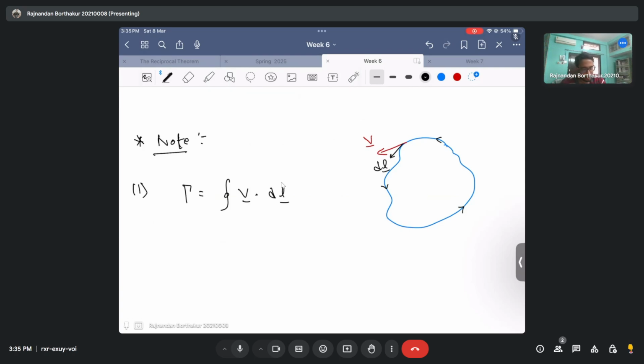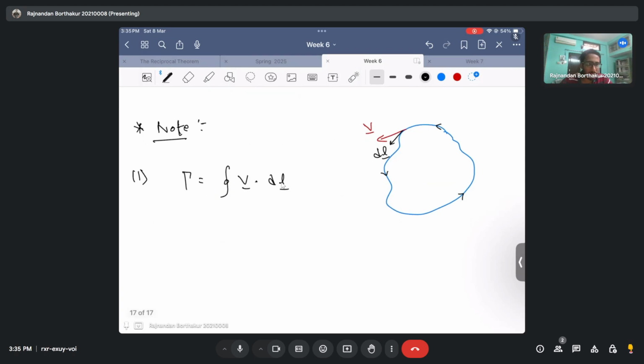Now there is something known as the Stokes theorem. If I apply Stokes theorem, it basically transforms the closed line integral into a surface integral.